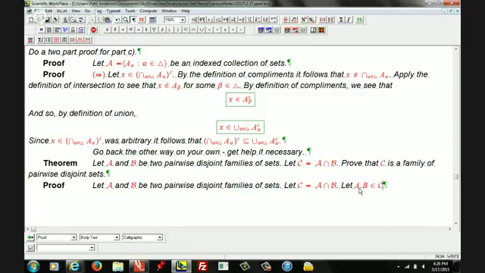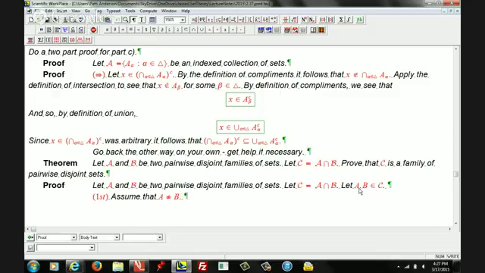So what I'm going to do is negate one and show the other. You have to do it for both of them. So for the first part, I'm going to assume, well, actually, I'll just say first, assume that A is not equal to B.